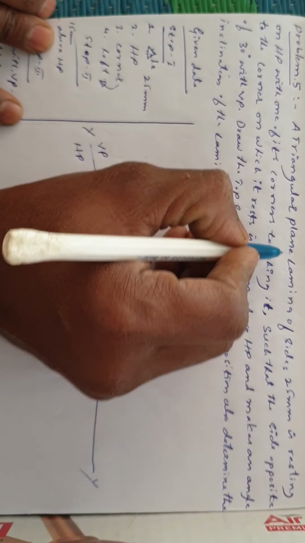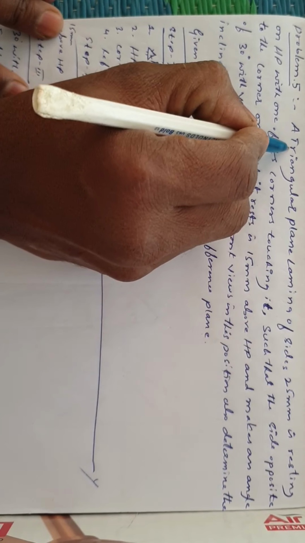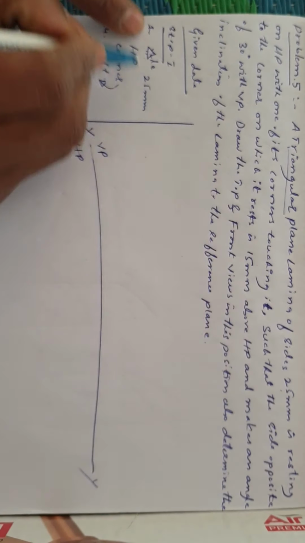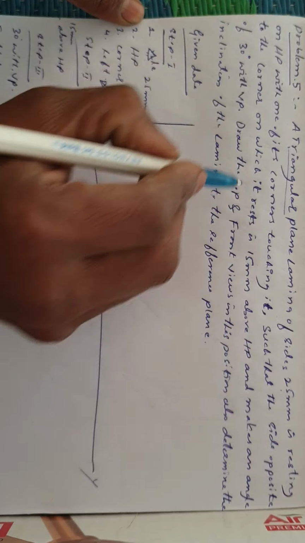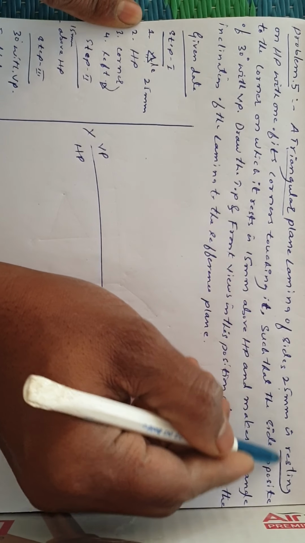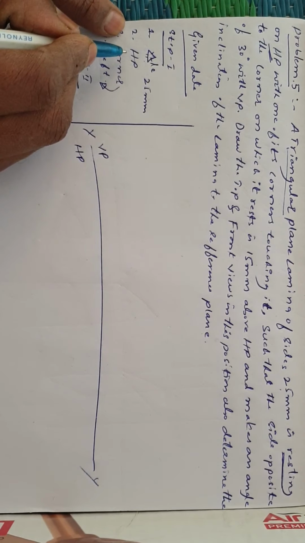A triangular plane lamina of sides 25 mm. So the given type of lamina is triangular plane, and the side distance is given as 25 mm. That is the first data we got from the given problem. The lamina is resting on HP. That is the resting place, the second data.